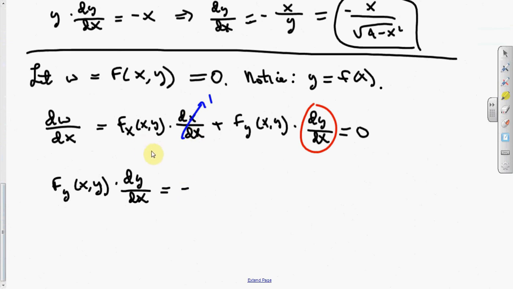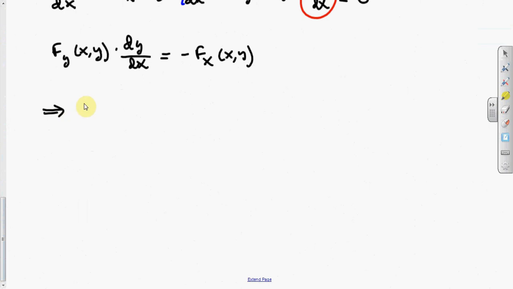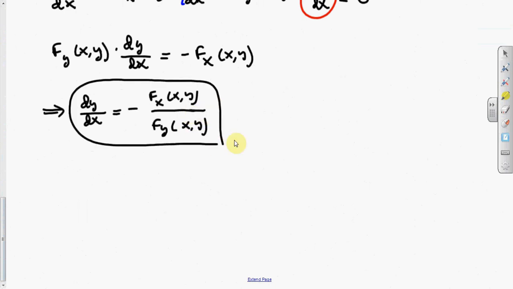So this is equal to minus the partial of f with respect to x of x, y. So this implies that dy over dx is equal to negative the partial of f with respect to x of x, y over the partial of f with respect to y of x, y. Now, the theorem for implicit differentiation is based off of this proof right here. So everything else that you're looking for will look just like this. Let me show you.